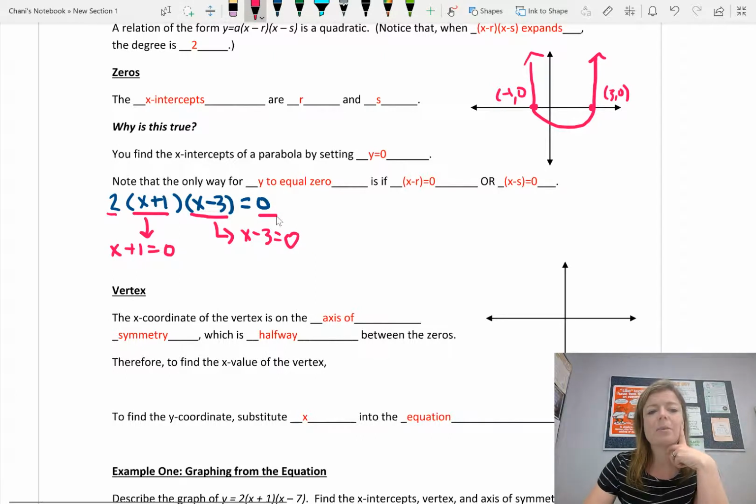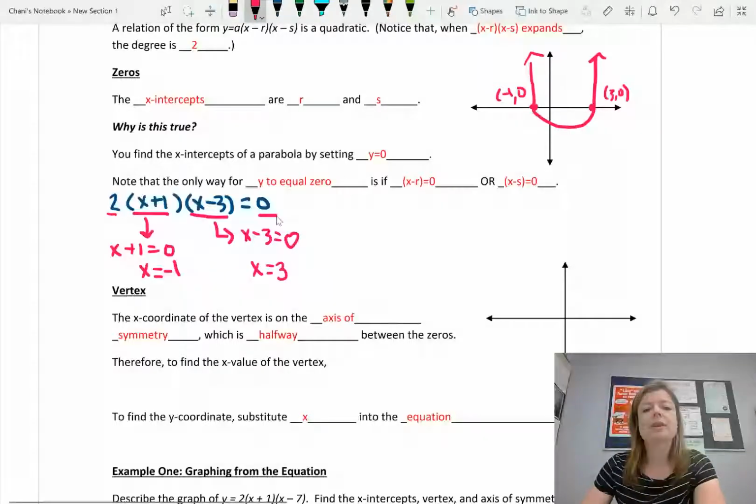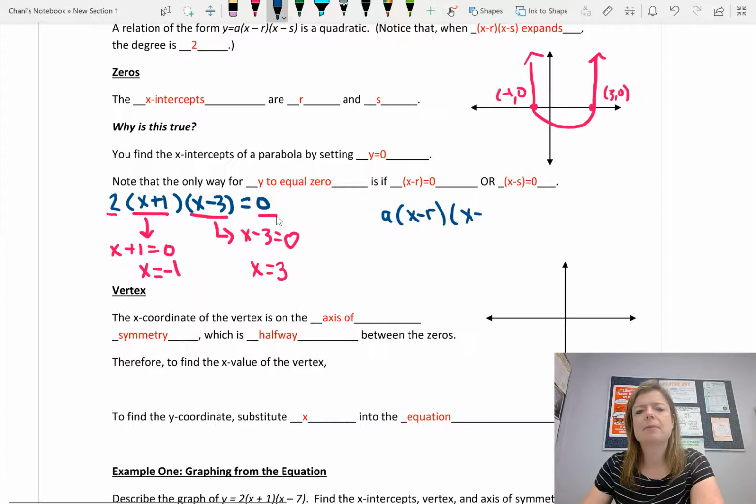So for x plus 1 to be equal to 0, x has to be -1. For x minus 3 to be equal to 0, x has to be 3. So if you put the number -1 into this equation, you get it to be 0. Or if you put the number 3 into this equation, you get the whole product to be 0. If you're generalizing this, any number a times x minus r times x minus s equals 0.